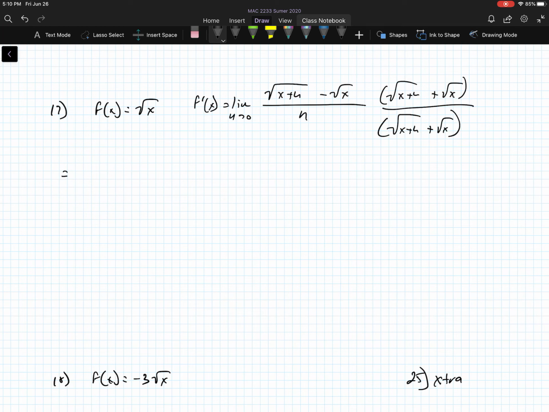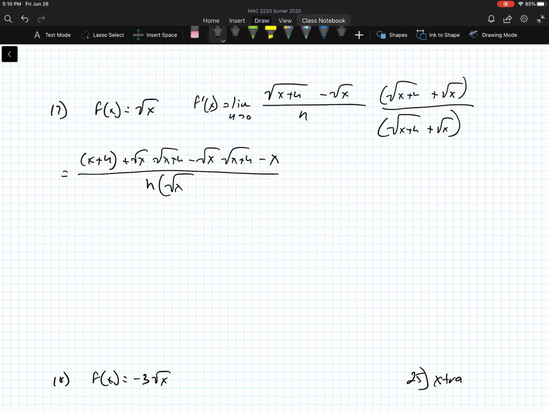So in this case, square root of x plus h times square root of x plus h is going to be x plus h, right? Minus, plus square root of x plus h, minus square root of x plus h, right? Minus x, right? Because square root of x times square root of x is just going to be x, all over h, right? All over h, and then of course I'm going to have square root of x plus h plus square root of x.